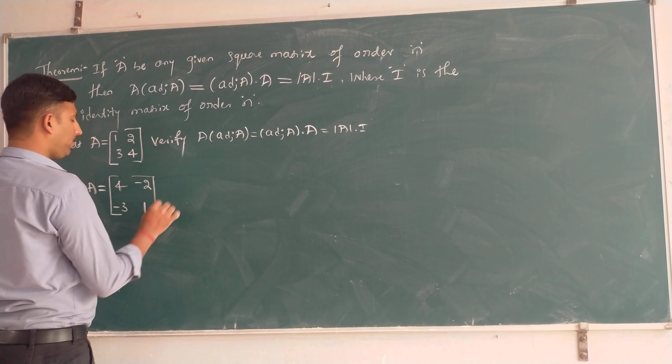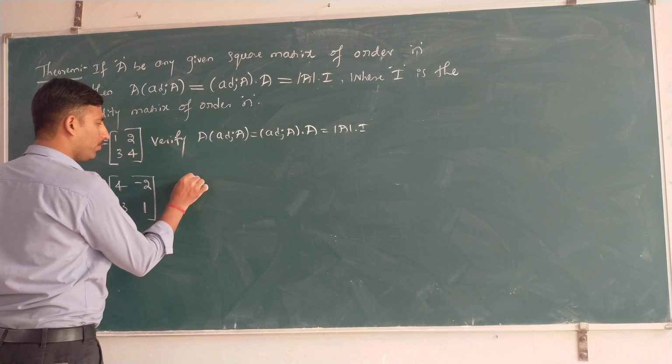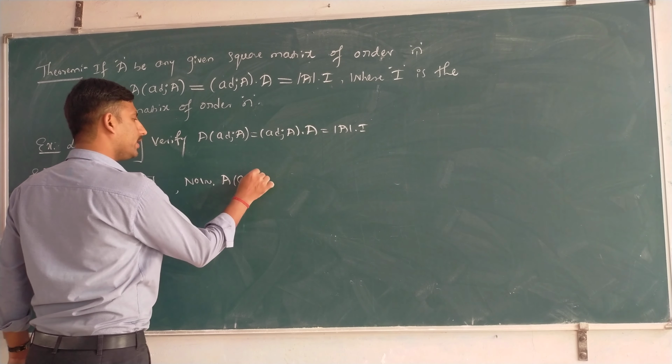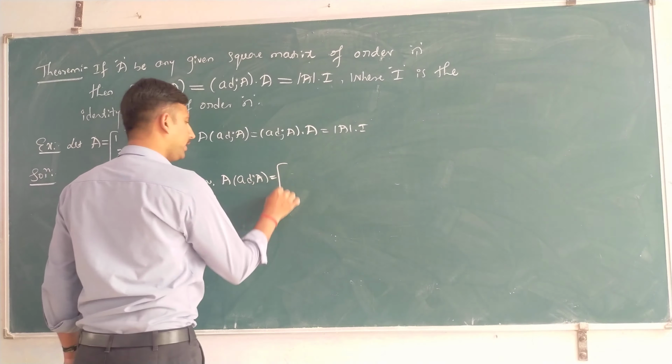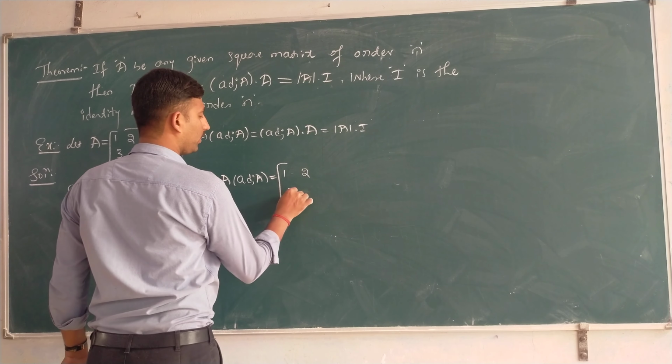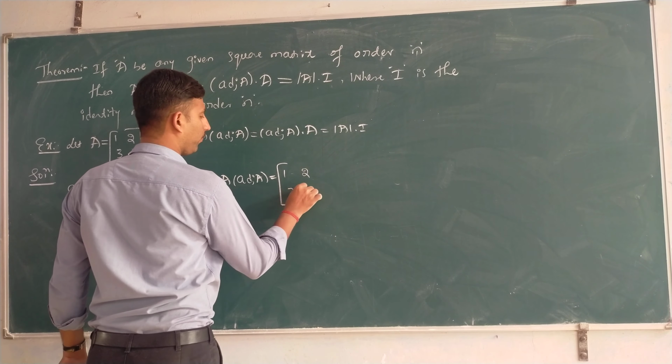After that, A into adjoint of A. Now A into adjoint of A is equal to, what is the value of A? A is nothing but 1, 2, 3, 4, into adjoint of capital A, 4, minus 2, minus 3, 1.